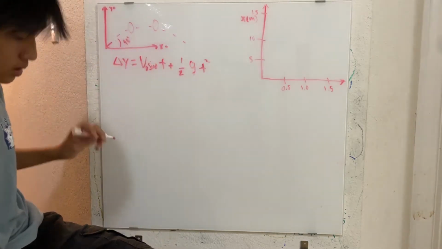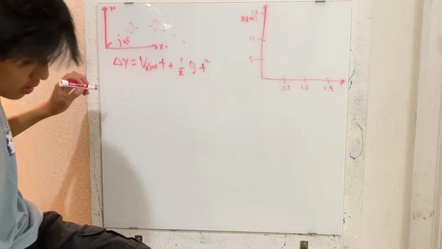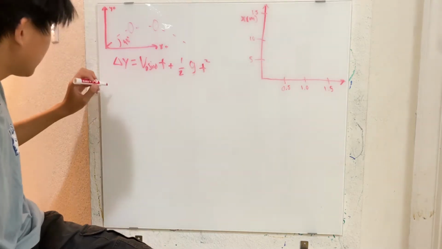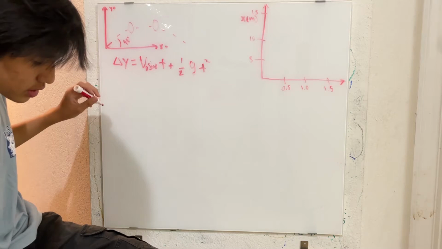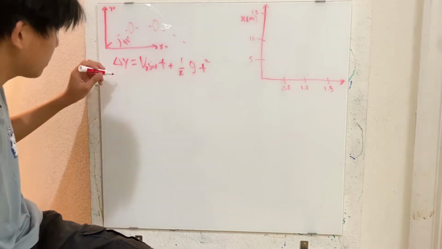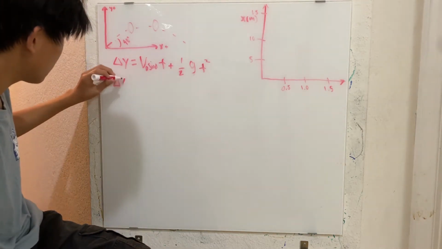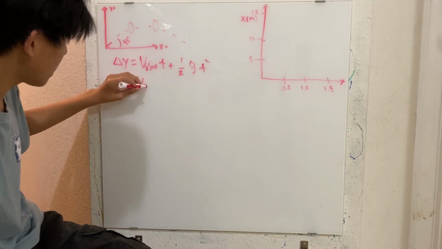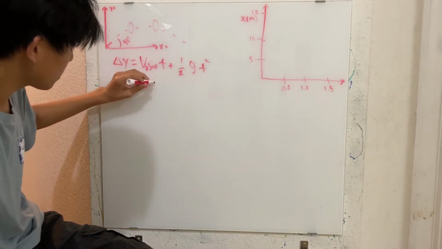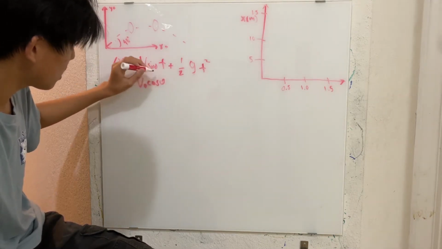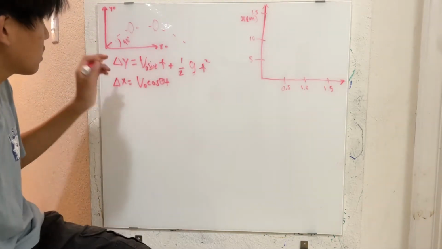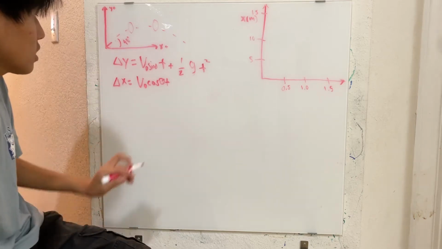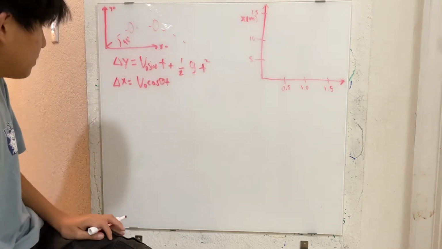And the second equation I'm going to use is in the x direction. It's actually the same equation, just in the x form, so it's delta x equals v naught, and I'm just going to replace it with cosine theta times t, and then since there's no acceleration in the x direction, I'm just going to leave that part out.